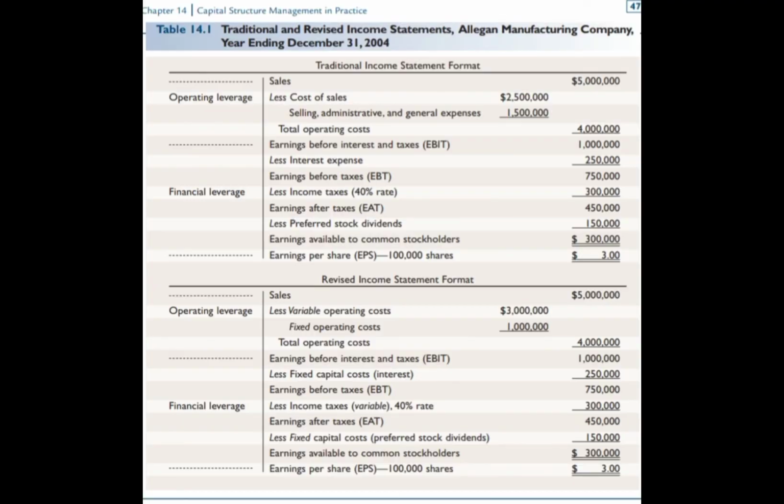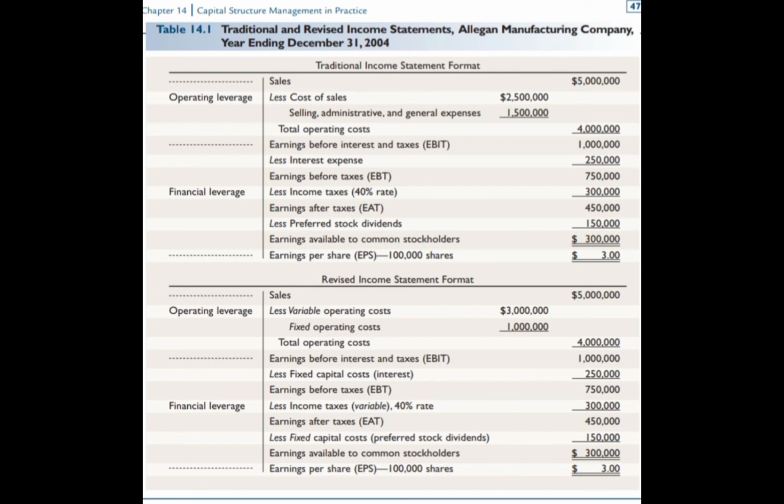Aligan Manufacturing Company, year ending December 31, 2004. Traditional income statement format. So, sales mo na sila ang operating leverage, o ang kini pong mga earnings before interest and taxes or EBIT mo na sila ang financial leverage. So, sales has $5 million. Cost of sales has $2,500,000.